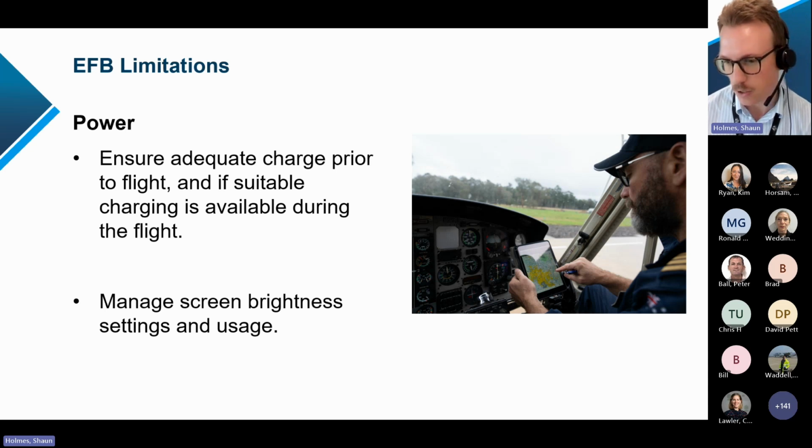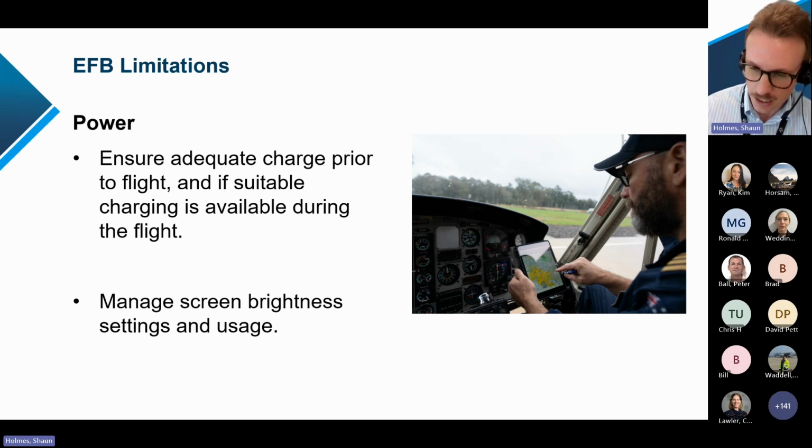It may just reduce the rate of discharge or hold you relatively consistently. That's something that you may have to look at and work out in using your EFB. So just keep that in mind.